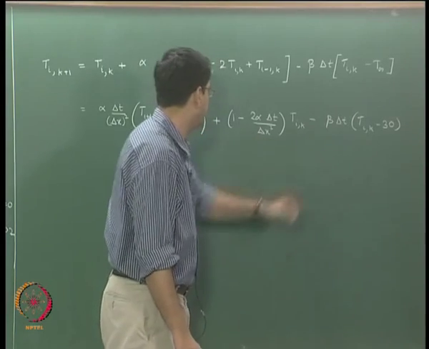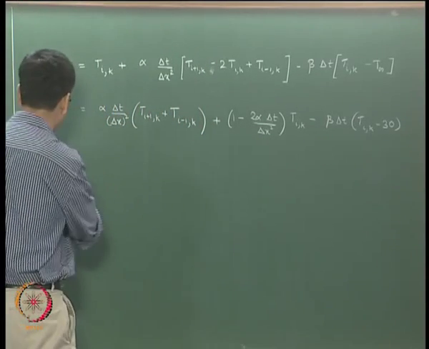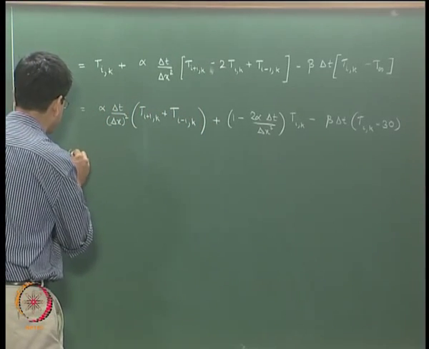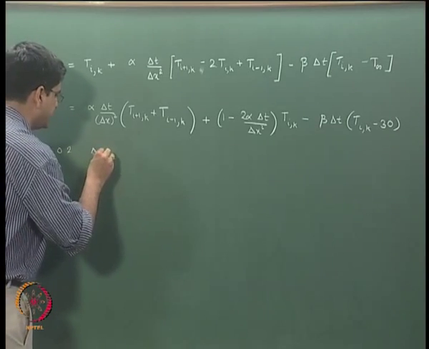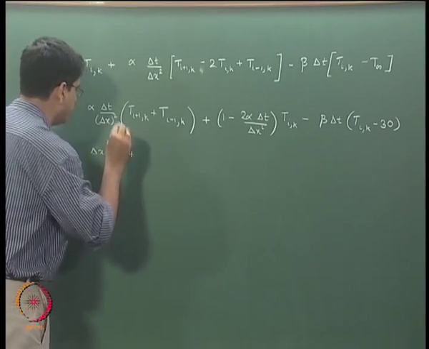Initially we will take the value of beta to be equal to 0, the value of alpha is 0.2, and the value of delta x is 0.4. Okay.